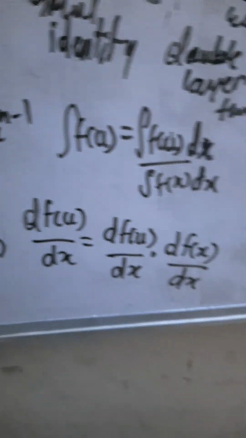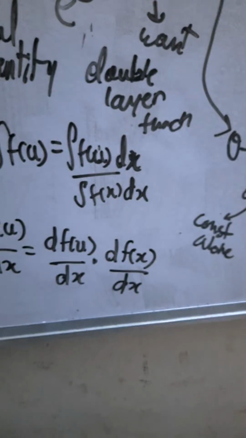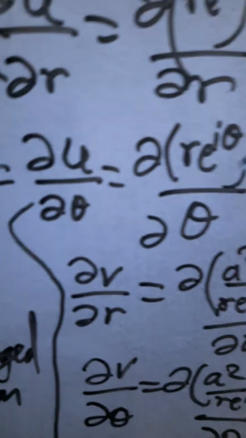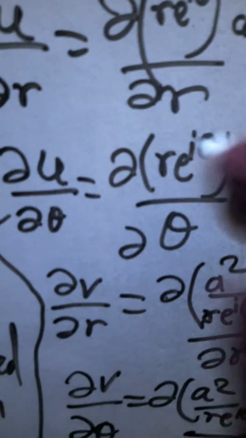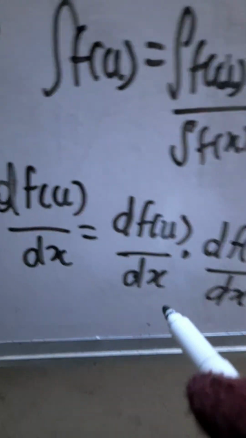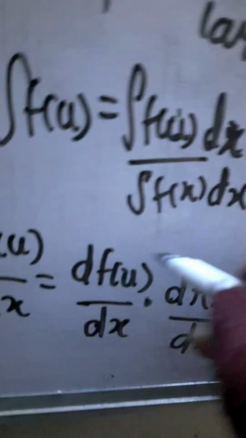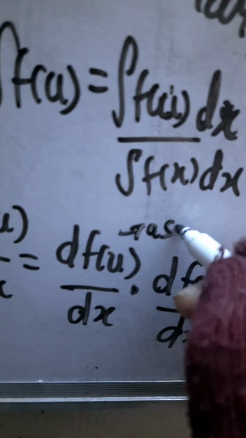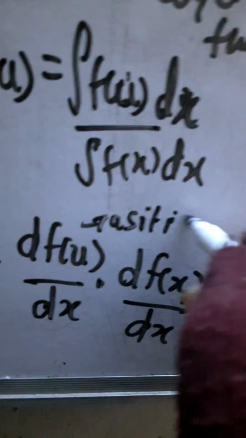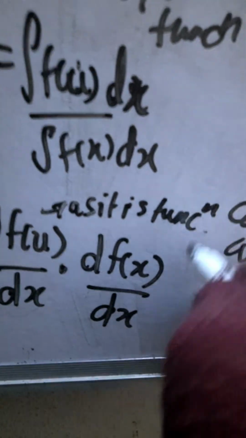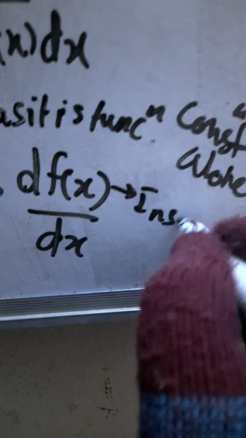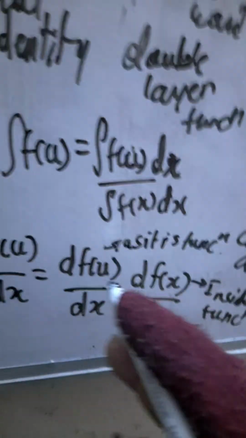Now we would use the chain rule, df of u by dx into df of x by dx. Regardless of anything, I took the derivative of the outside function as it is, then multiply with the inside function as it is.